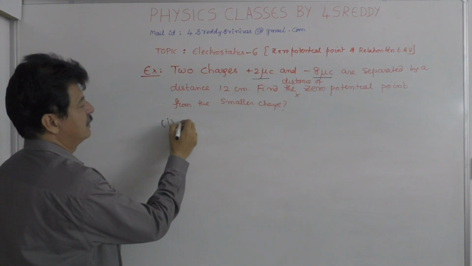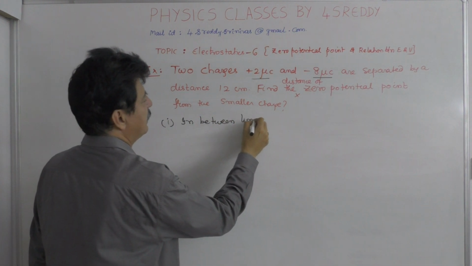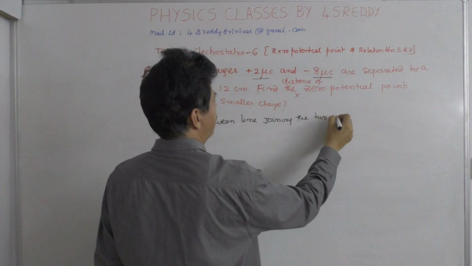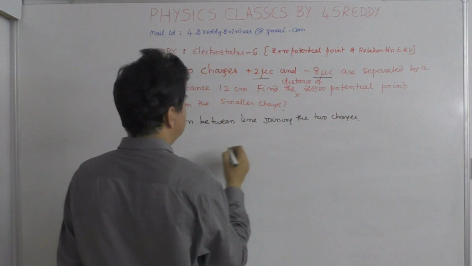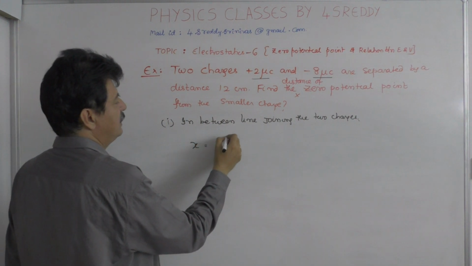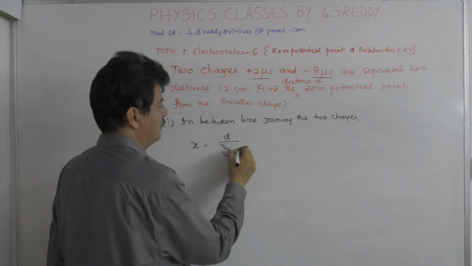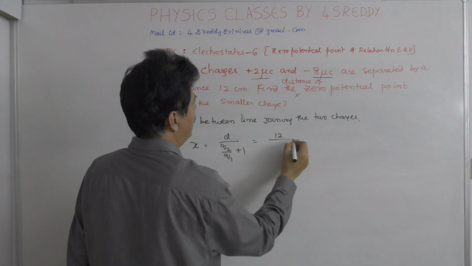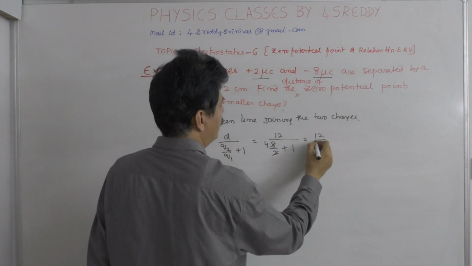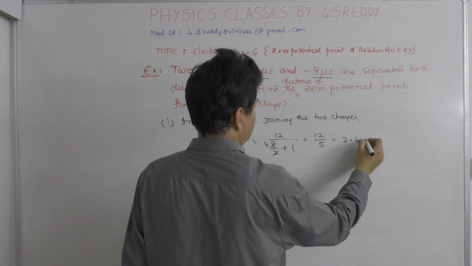So first one is in between the line joining the two charges. If you are going to calculate for this, then what you are going to get? x is equal to d by (q2 by q1 plus 1). That is 12 by (8 by 2 plus 1). 2 ones are 2, and 4 plus 1 is 5, so 12 by 5, that is given by 2.4.